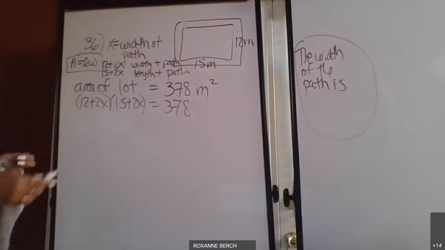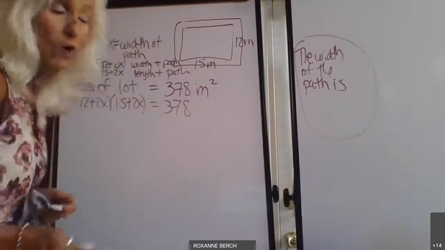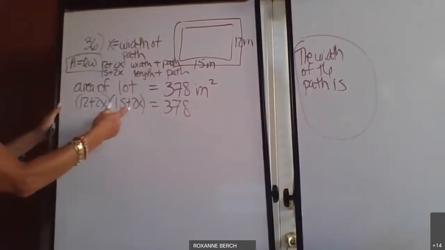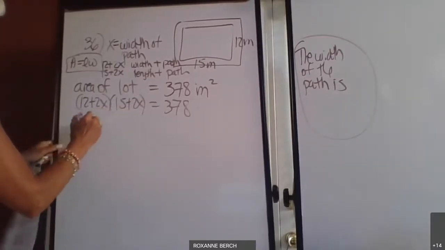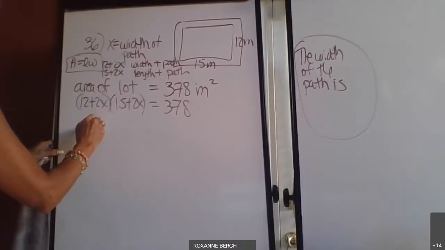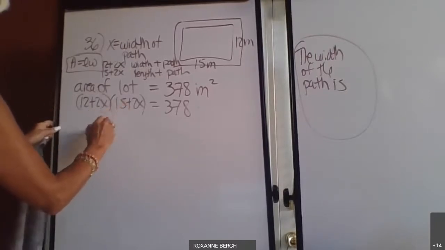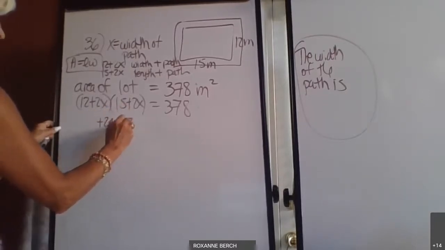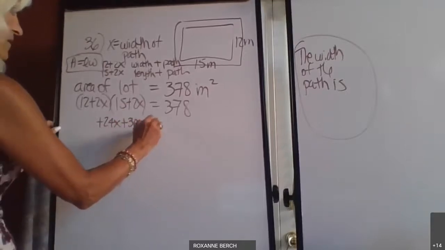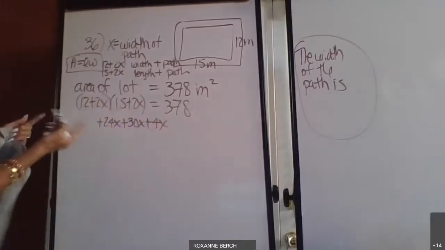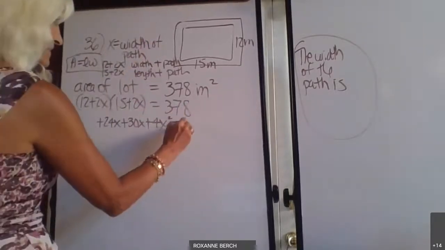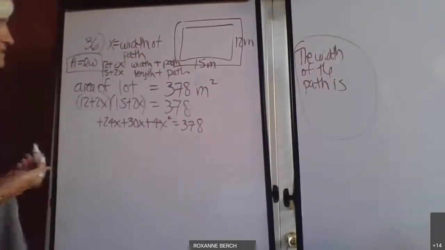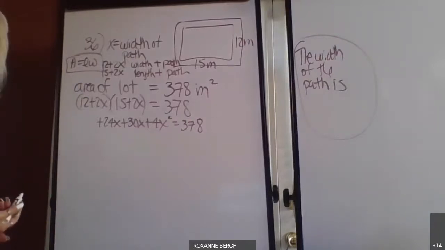Yes. So I'm only going to go for a few more minutes. This is a FOIL. So what's 12 times 15? I need somebody on the calculator. 12 times 15 on the calculator. 180.